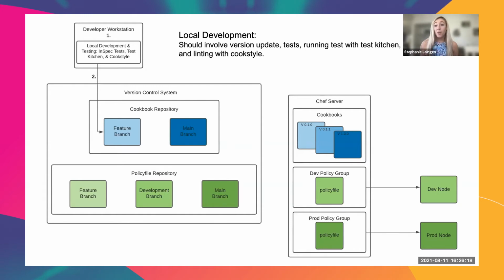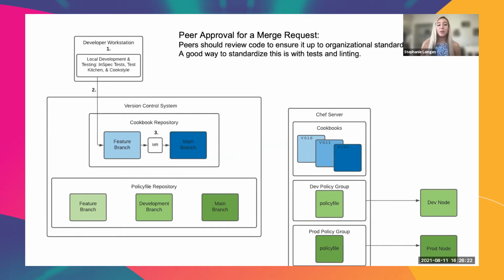So once we have our code up on our feature branch, the next step is to create a merge request into the main branch. Remember, our main branch is basically going to define any code that is production ready, that is ready to be up on our Chef server. So in order to make sure that our code is ready to move from our feature branch to our main branch, we're going to request peer approval from coworkers or other people on our team.